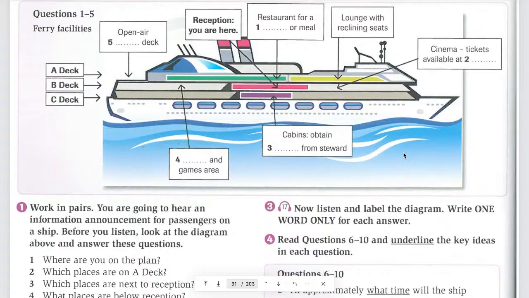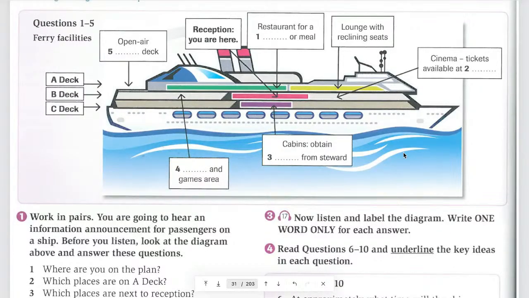Restaurant and luggage with reclining seats. Reclining seats. Yeah.